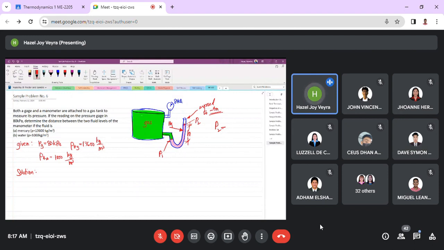Again, what's our definition of gauge pressure? Gauge pressure is the pressure actually measured using a gauge, and the measurement always neglects the effect of the atmospheric pressure. If you neglect the effect of atmospheric pressure at this point, what will be your P2?